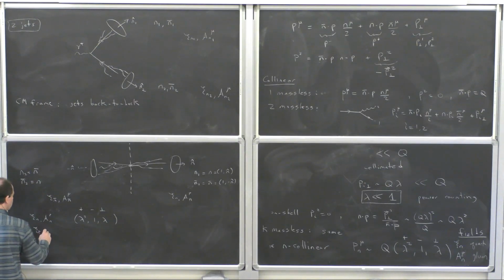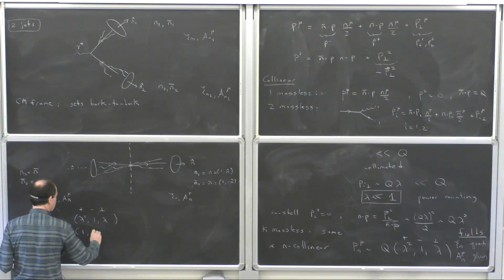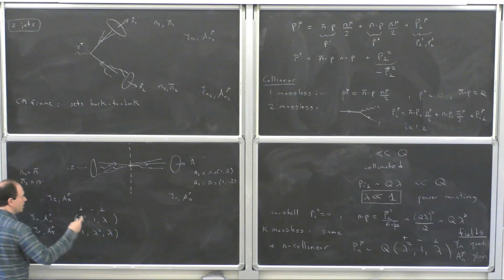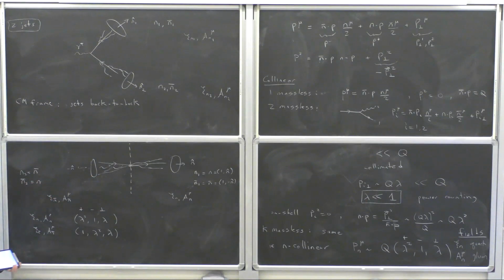What's happening for the c n bar and the A n bar is I'm just flipping plus and minus, right? Transverse means the same. It's transverse to this axis n hat of the jets. And plus and minus switch roles. N's go to n bars. They just reverse. Okay, so that is kind of nice. It makes things simpler.